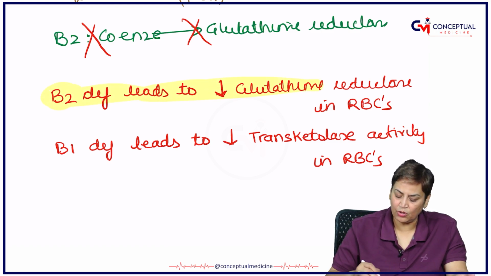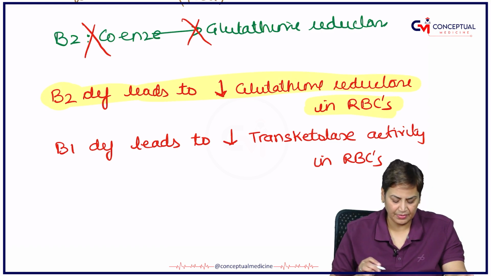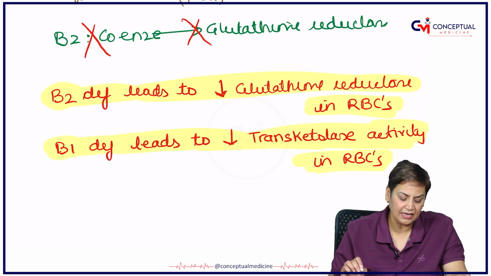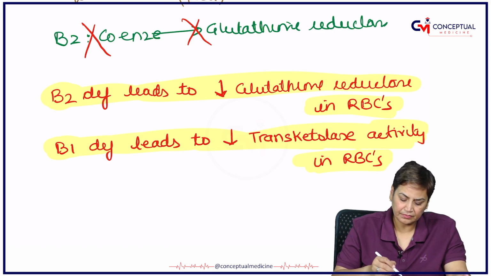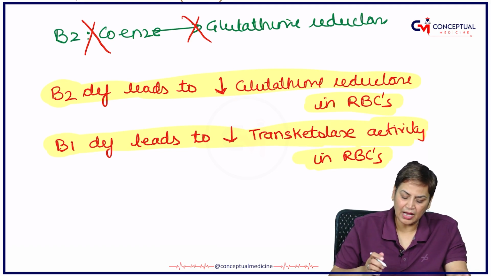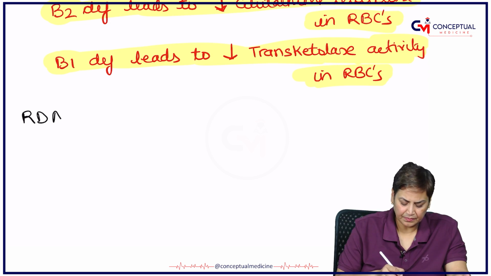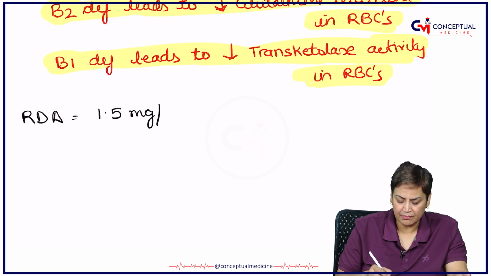B2 deficiency will always lead to decreased glutathione reductase activity in RBCs, and B1 deficiency will always lead to decreased transketolase activity in RBCs. And if we talk about the RDA of this, the RDA is 1.5 milligram in a day.